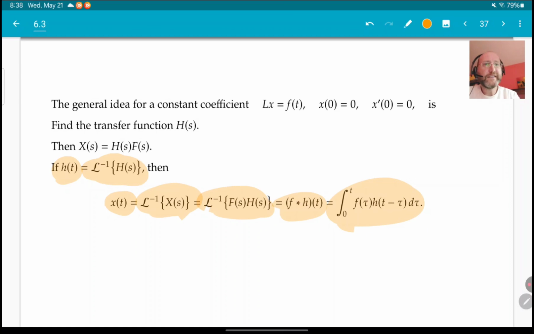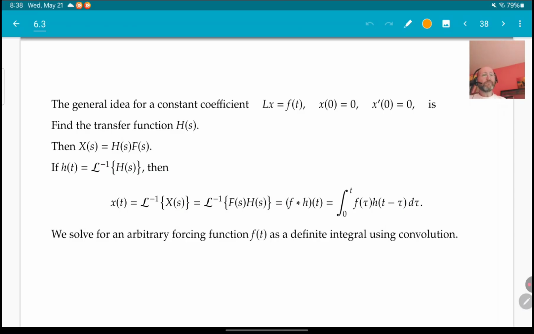And so it's this guy. So basically, we didn't really have to go back and forth. What we really just need to do is find the transfer function, find its inverse transform, and then we have a formula for any f. So we don't have to get capital F to write down this formula.